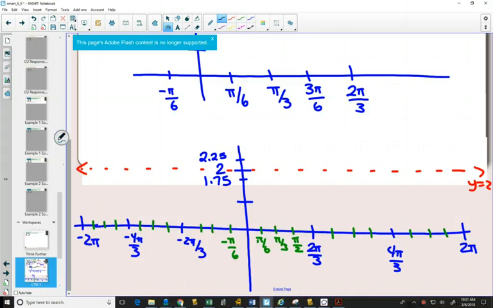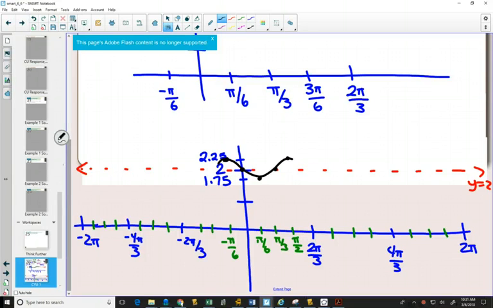And I'm going to say from the graph above, we know that our graph was starting at a maximum at negative pi over 6. And at each section, it alternated from maximum to center line, to minimum, to center line, to maximum. This is the graph that we had above.